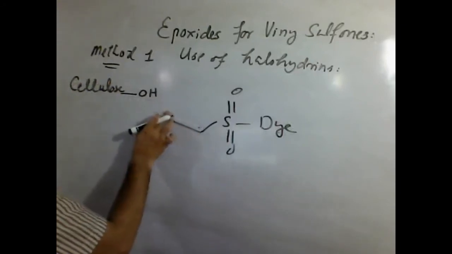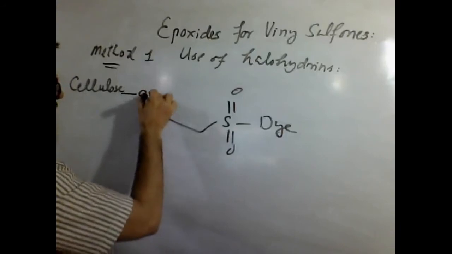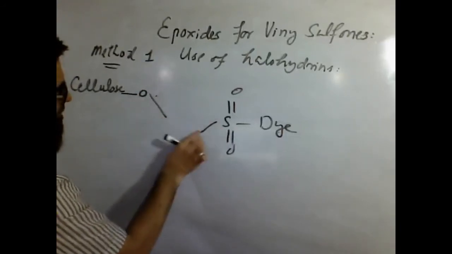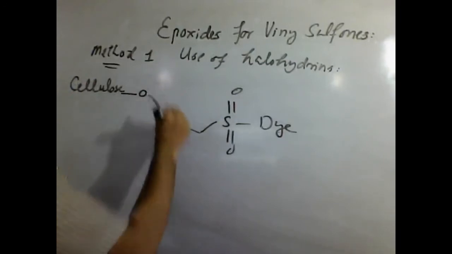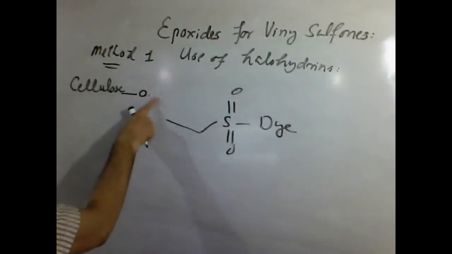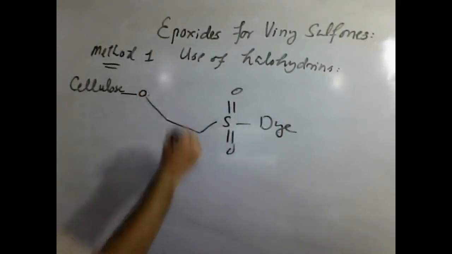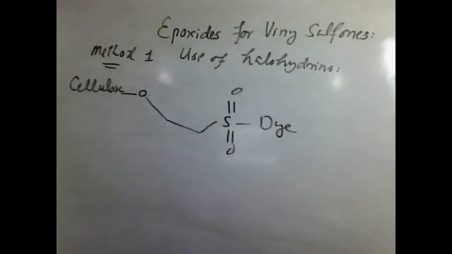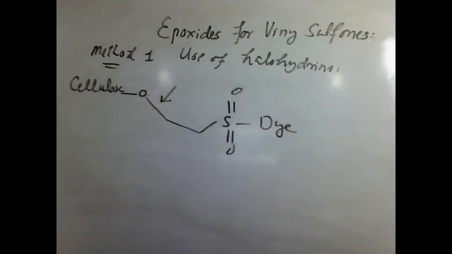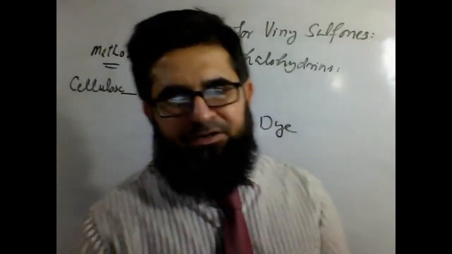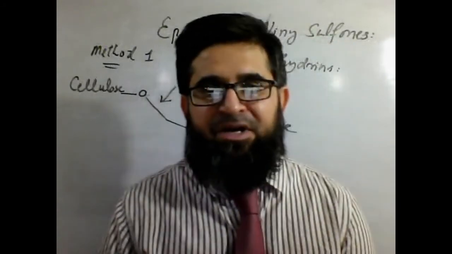They do react and develop a covalent bond with the carbons over here. So this is how a permanent bond is formed between cellulose and vinyl sulfone based dyes. The formation of this bond makes this dye a reactive dye, permanently fixed dye.